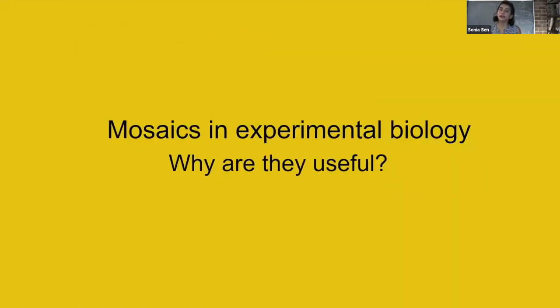Okay, so let's pause over here and maybe ask you guys, now that we know what mosaics are, can you think of how they could be used in experimental biology?